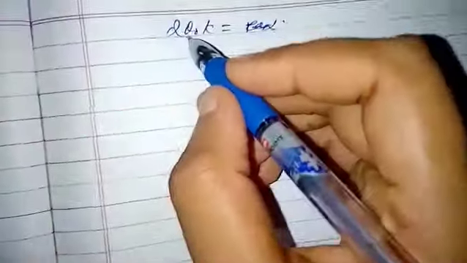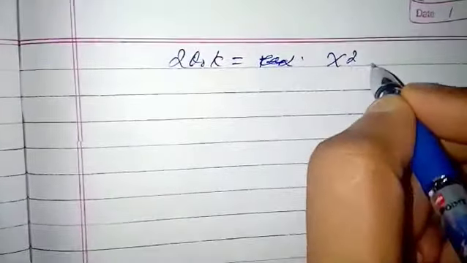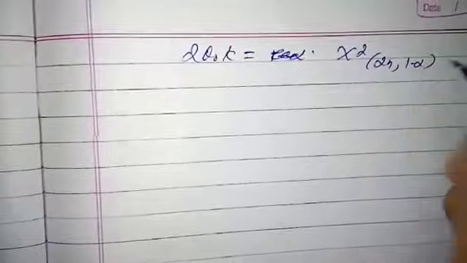So 2 theta naught k equals chi-square 2n, 1 minus alpha.